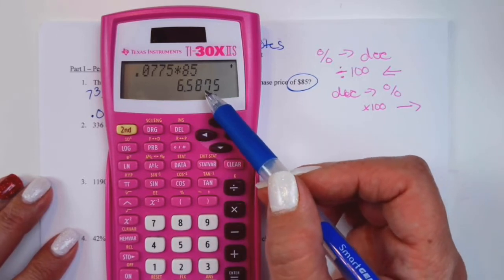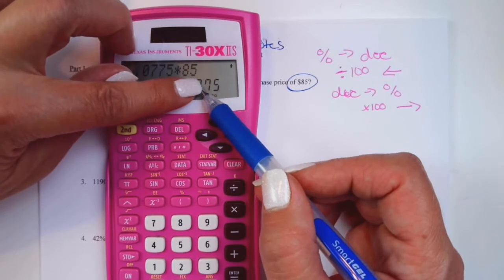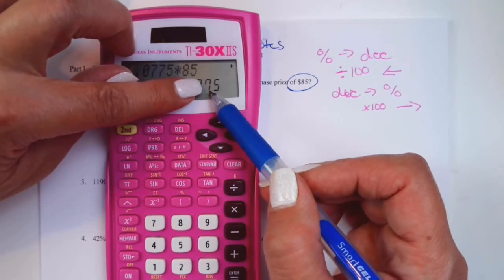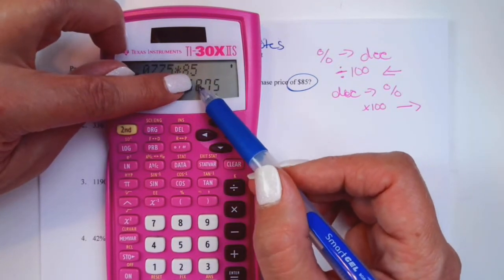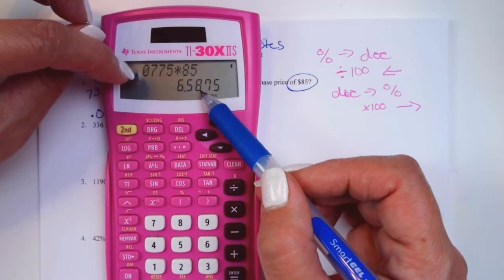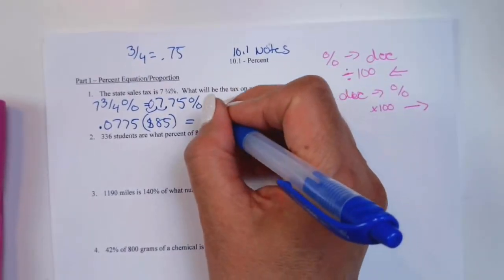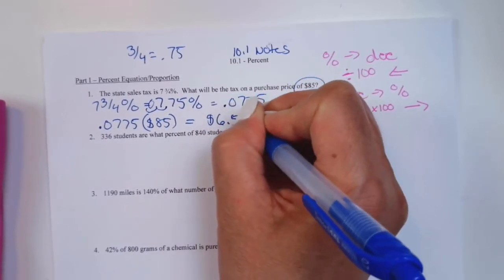So for this 8, we're looking at the number that is right of it. And since 7 is larger than 5, it's going to add 1 to the 8. So this is going to be 6.59 because 7 is larger than 5. So $6.59.